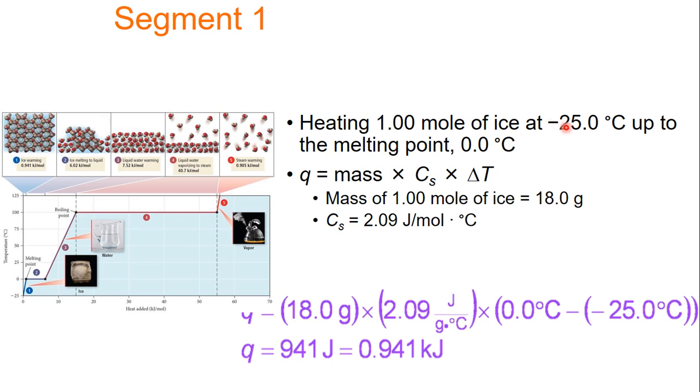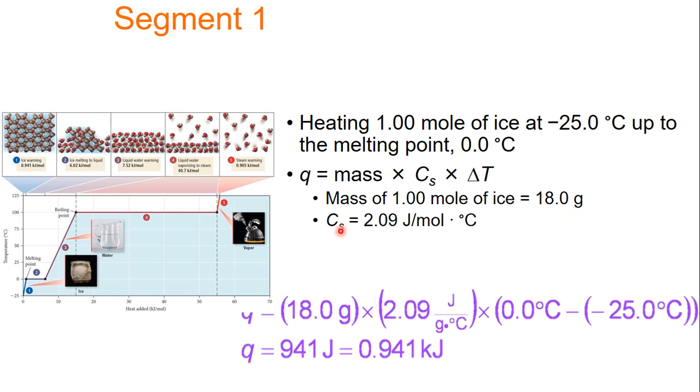Well, the first part is we need to heat our ice from minus 25 C to 0 degrees C. And we have to use the equation heat equals mass times heat capacity times our change in temperature. Using the molar mass of water, we can find that the mass of 1 mole of ice is 18 grams.